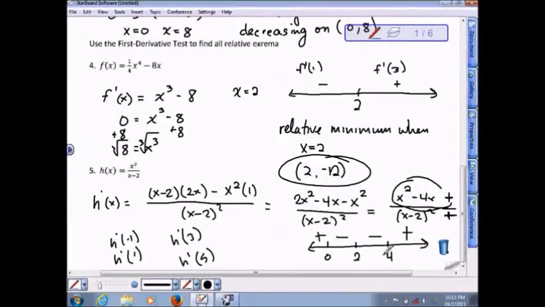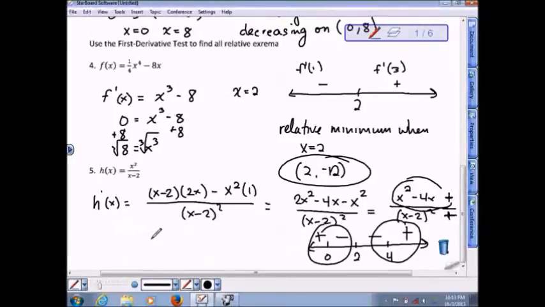So even though we have three critical values, only two of them actually are going to yield a local or relative extreme. It's when the graph changes from increasing to decreasing, such as right here, or decreasing to increasing, such as right here. So that critical value and that critical value are actually local extrema. Now, it depends on the behavior of the graph whether it's a local min or a local maximum.